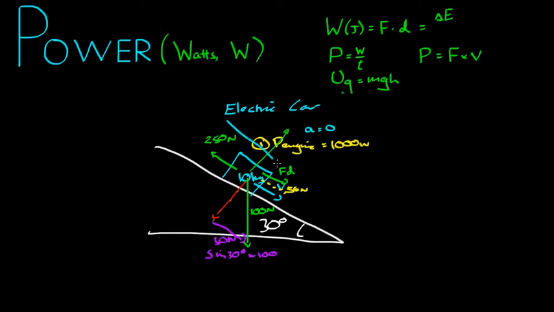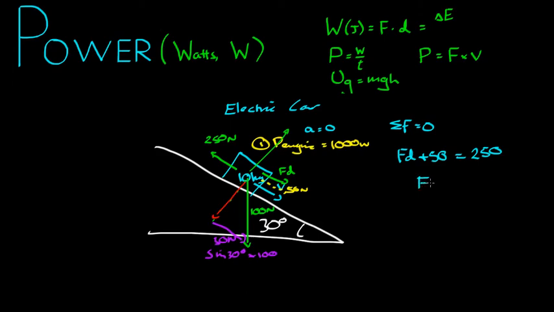If the box is not accelerating in that direction, if it's at constant velocity, then the sum of the forces parallel to the plane has to be 0. Therefore, FD, the driving force, plus 50, those acting down the plane, has to equal the forces acting up the plane, 250.